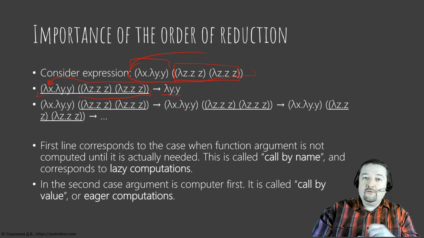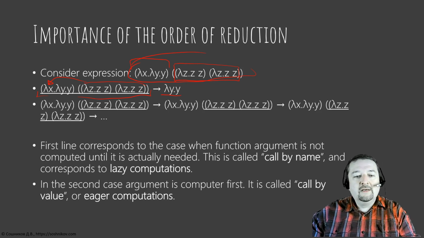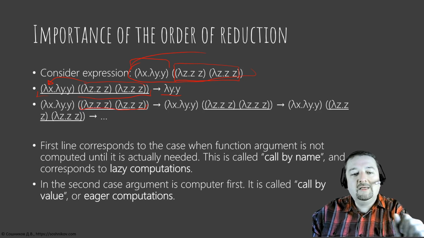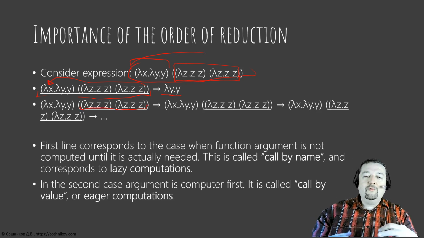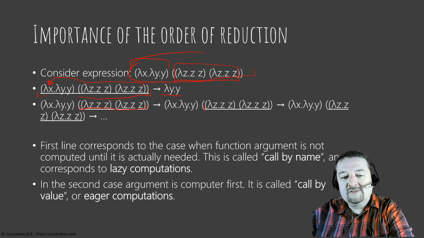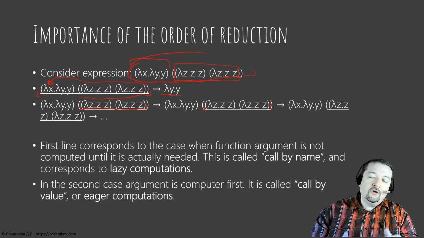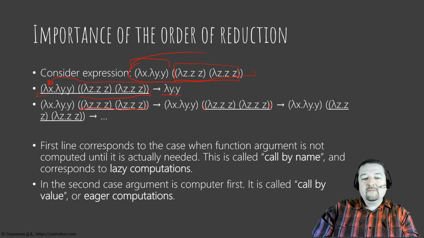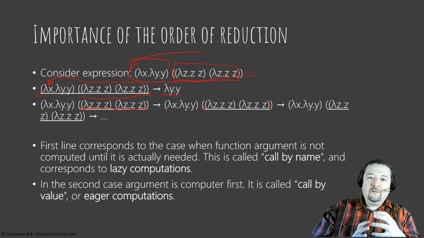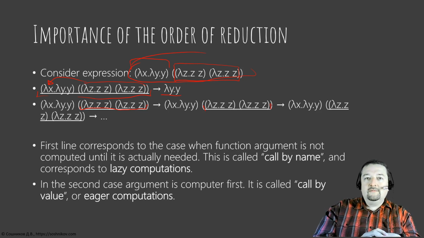What happens if we try to reduce the innermost redex? The innermost redex here is this infinitely loopy thing, lambda z, z z, lambda z, z z. If we reduce it, we arrive at the same result, lambda z, z z, lambda z, z z. And if we reduce it once more, we again arrive at the same result. So if we always reduce the innermost redex, we will end up with an infinite loop, an infinite sequence of reductions.